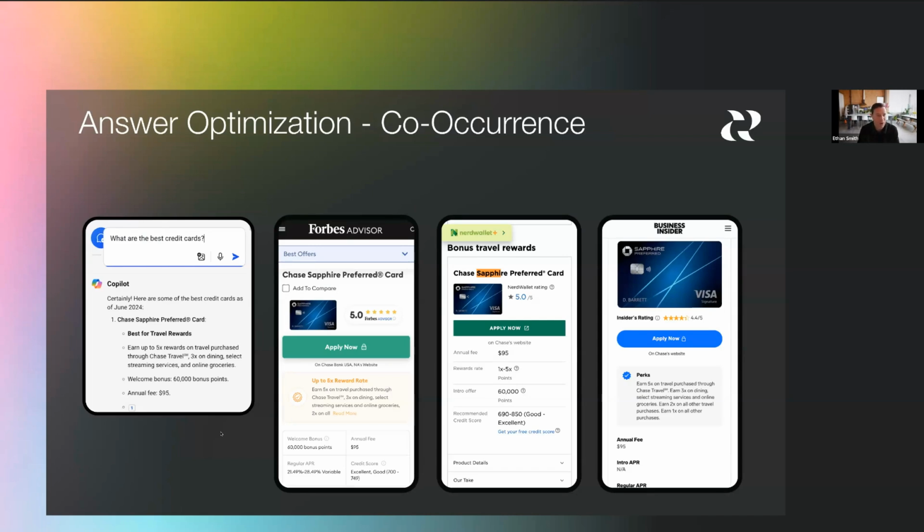And so the more that our credit card or our product shows up for best credit cards across all these hundreds or thousands of different landing pages, the more the language models will say this is a good answer and this answer has a higher probability. So Greg showed where there are the different percentages. So the more times we co-occur with credit cards in our particular credit card, we'll get a higher and higher score for that. We'll be more and more likely to show up for questions.